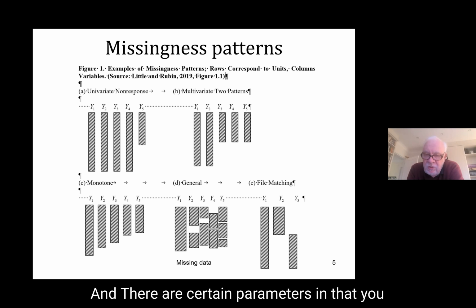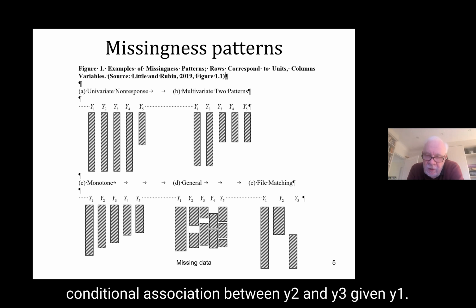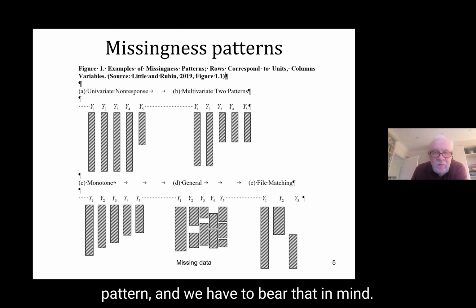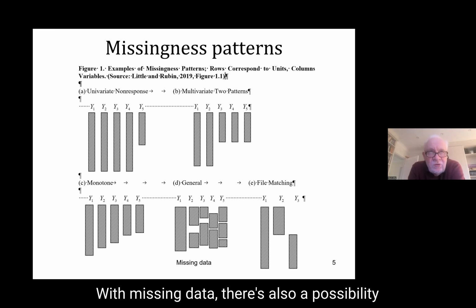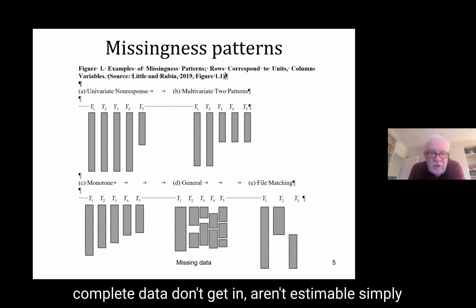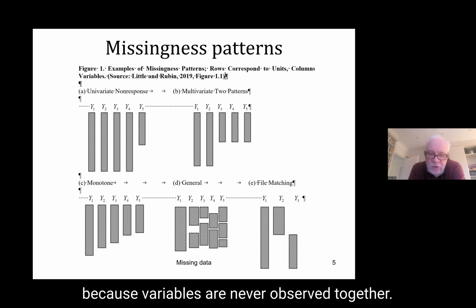And there are certain parameters you might not be able to estimate, like the conditional association between Y2 and Y3 given Y1. There's really no information in that pattern, and we have to bear that in mind. With missing data, there's also a possibility that some things that you can estimate with complete data aren't estimable simply because variables are never observed together.